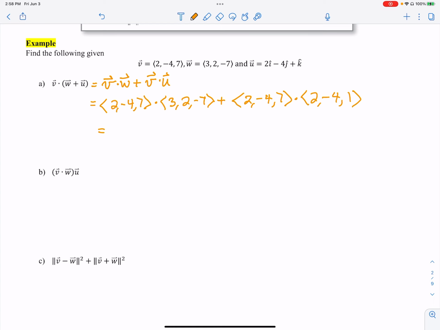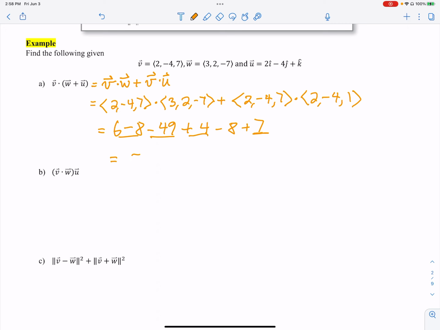This multiplies component-wise, so 2 times 3 is 6, plus 8, minus 8, negative 4 times 2, minus 49, plus, and then I do this dot product, 4 minus 8, plus 7. If we add all of that up, we get negative 2, negative 51, negative 47, negative 47, negative 40, negative 48.